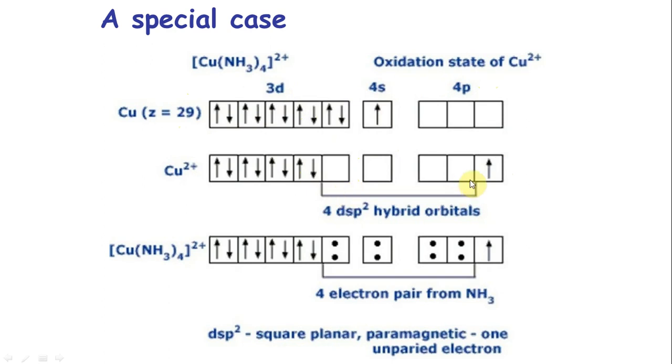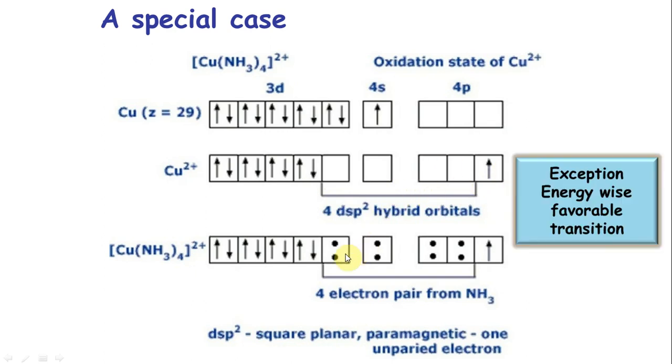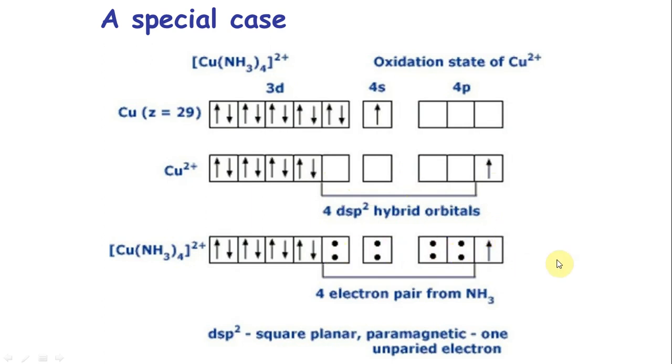This is empirical evidence; you cannot explain why. They have figured out that this is the hybridization it follows, so it must be this way. Hence it's an exception. If this electron had been here, you should have got sp3 hybridization, but it is dsp2 hybridization. It's an exception that you want to know.